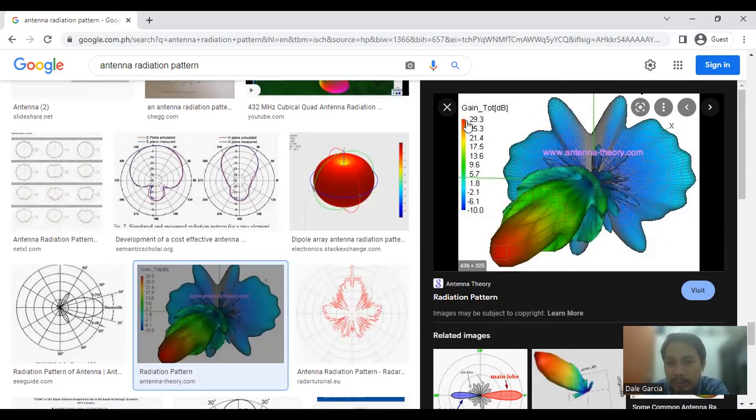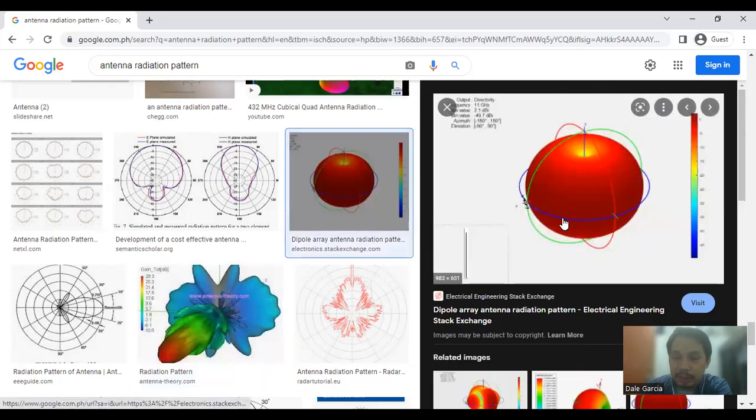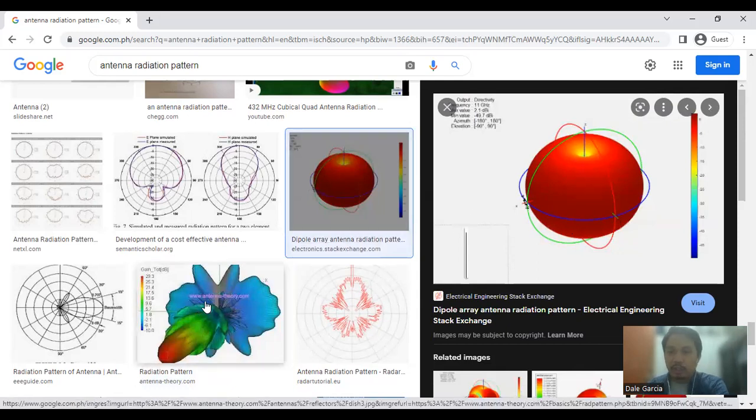So red is very strong, whereas blue is weaker, like negative 10 dB. In our visual earlier, it radiated very strong energy in all directions. Now try to imagine that instead of the power going in all directions, it is concentrated in just one direction.